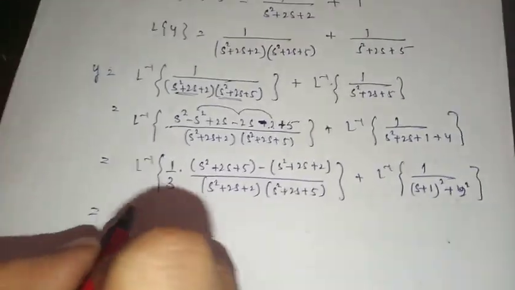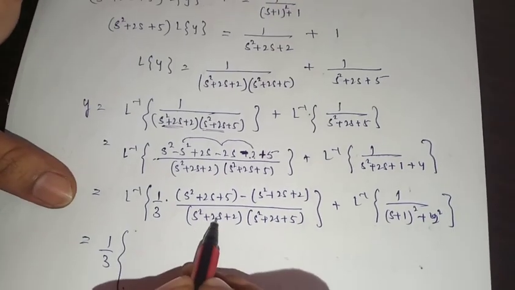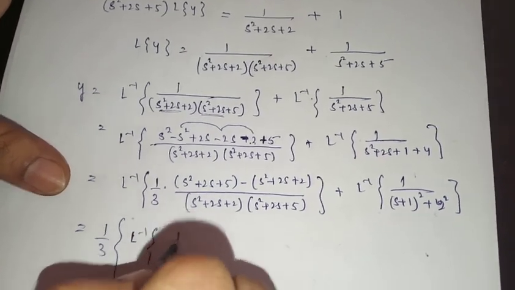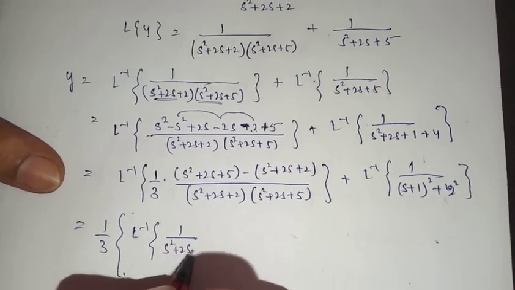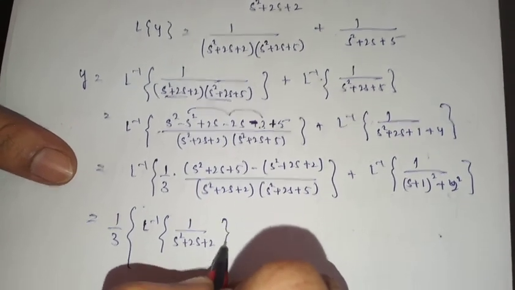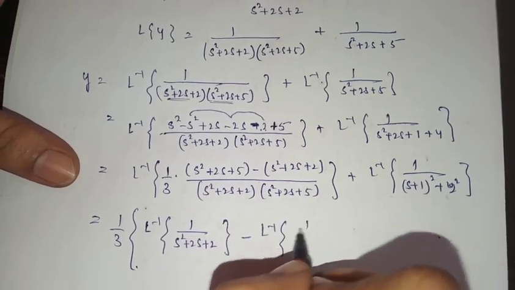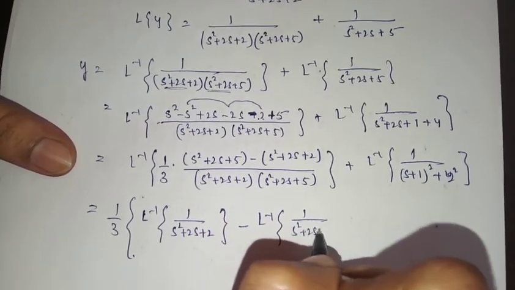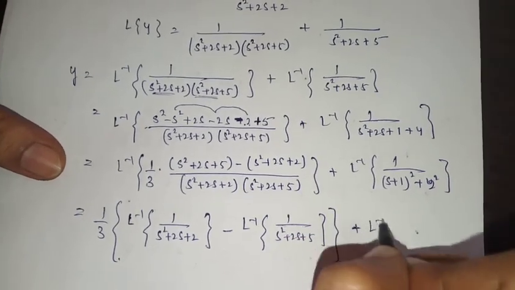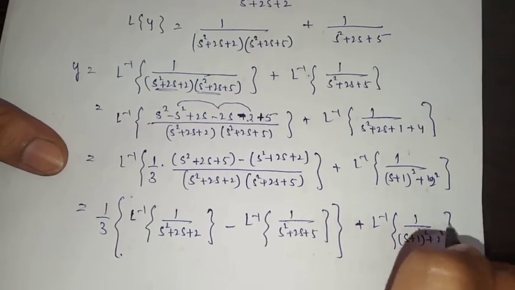So now this will be 1 by 3 into, first this by this total, Laplace inverse of 1 by s square plus 2s plus 2 minus Laplace inverse of 1 by s square plus 2s plus 5, plus Laplace inverse of 1 by (s plus 1) whole square plus 2 square.